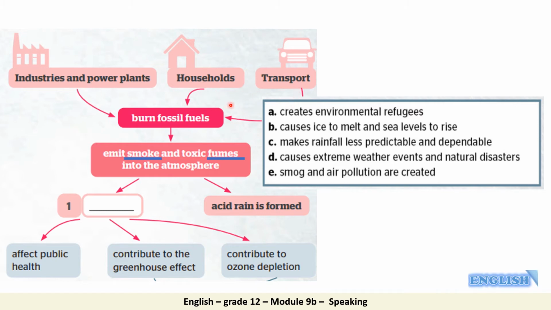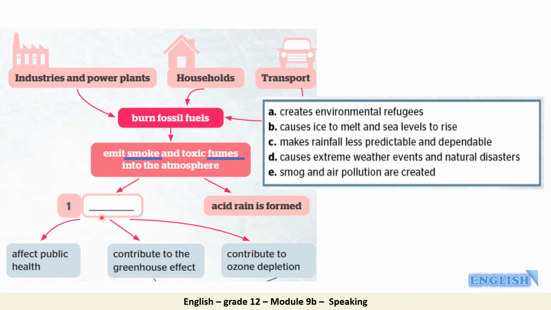These are going to use or burn fossil fuels. When fossil fuels burn, they emit smoke and toxic fumes into the atmosphere. So the first result is acid rain. So acid rain is formed.